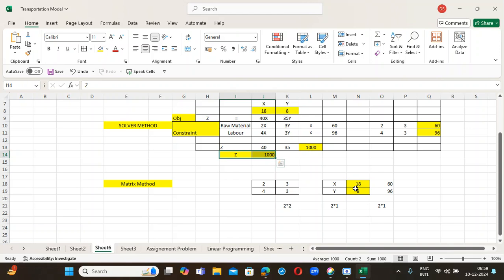But the solver method is better, because it considers all the situations, greater than, less than, non-negativity, everything can be considered in the solver method. But you have to know both things by which you can understand the problems and solve them within a few minutes. Thank you.